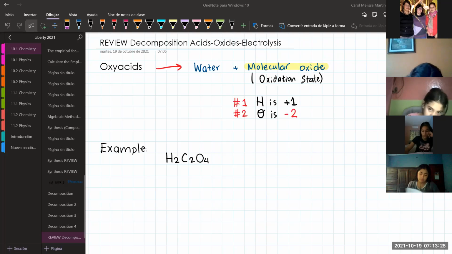Okay, this acid that you see on the whiteboard is composed of hydrogen and an oxyanion, C2O4, that is known as oxalate.